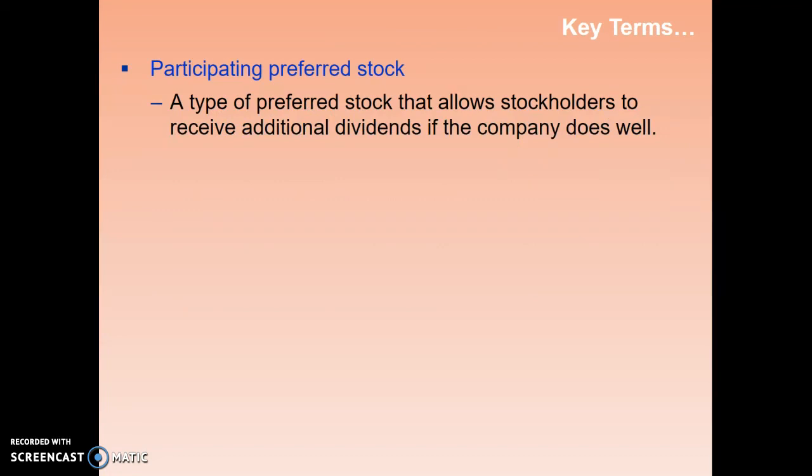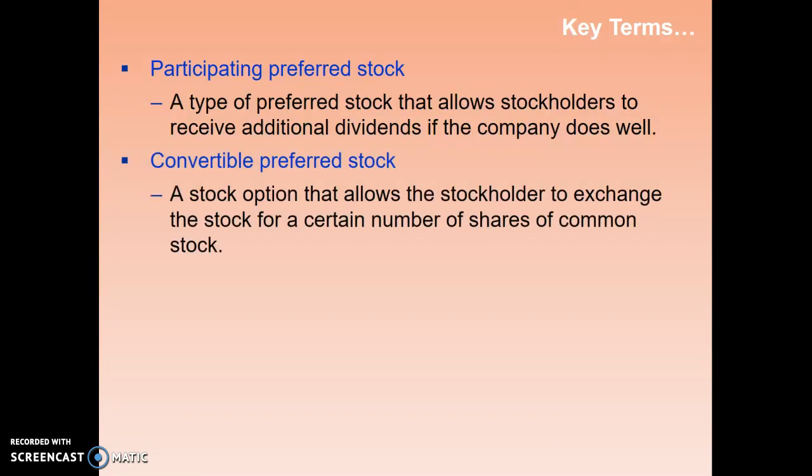Participating preferred stock is a type of preferred stock that allows stockholders to receive additional dividends if the company does well. Convertible preferred stock is a stock option that allows the stockholder to exchange the stock for a certain number of shares of common stock. Because remember, common stock is when you have voting rights.